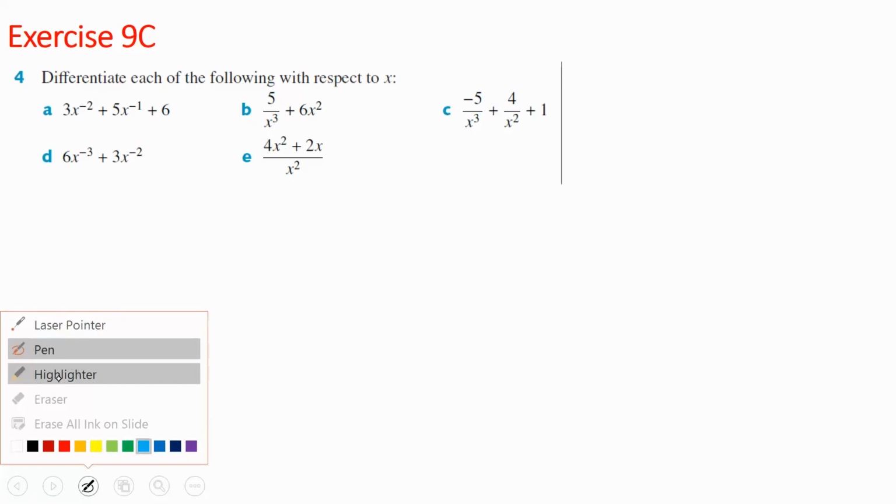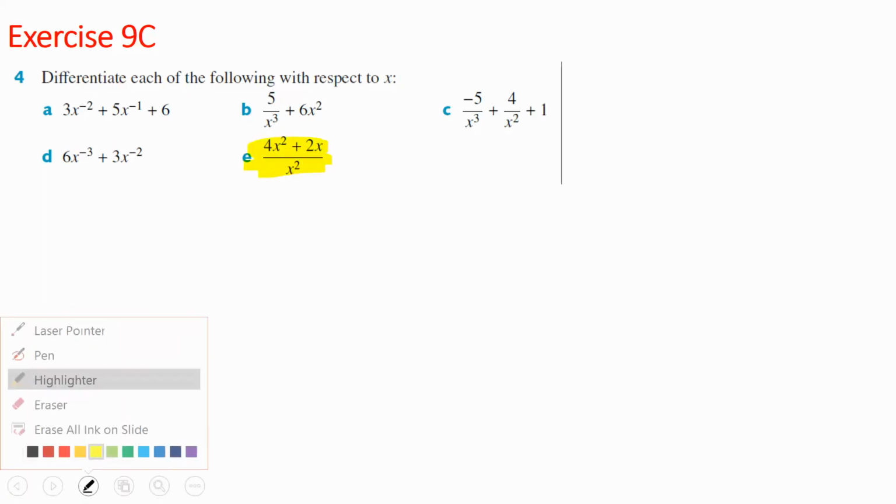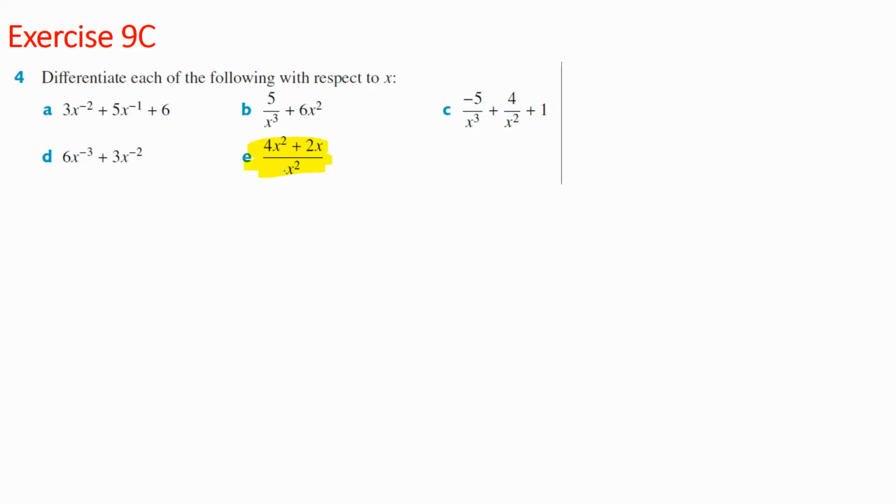So here we go, E. Same concept. We've got y equals 4x squared plus 2x over x squared. Split up the fraction. Just go back to your basics. It becomes 4x squared over x squared plus 2x over x squared.